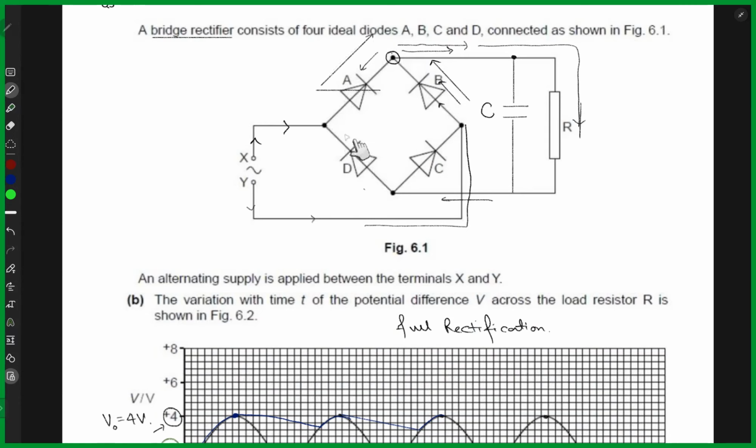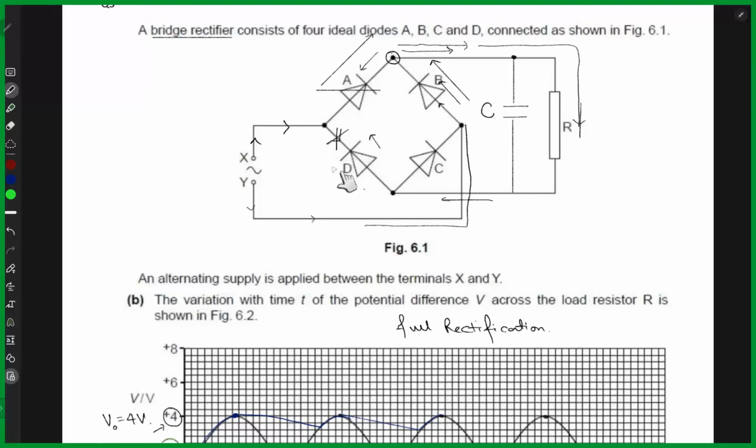But for D, the other path where the diode D is connected like this, you can see that the direction of the diode is in this way, which means it's going to allow this direction of current to flow through. However, in this case, the current is going in this way, so this diode restricts that flow of the current as well. In this path, there is no flow of current. It cannot go through A, as there is infinite resistance over there.